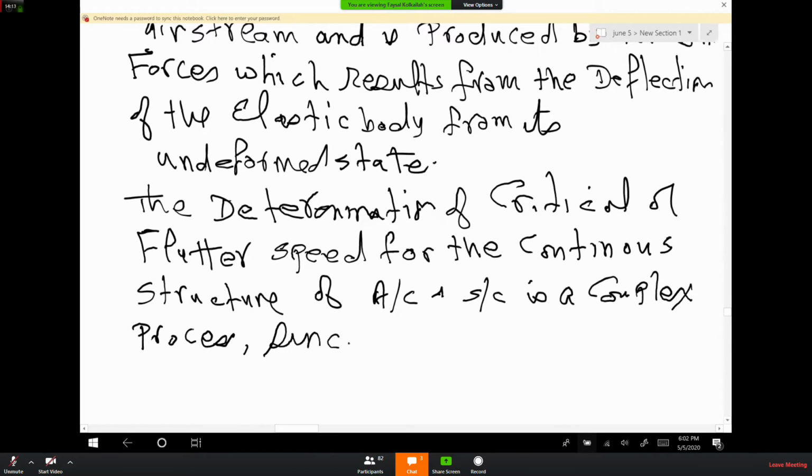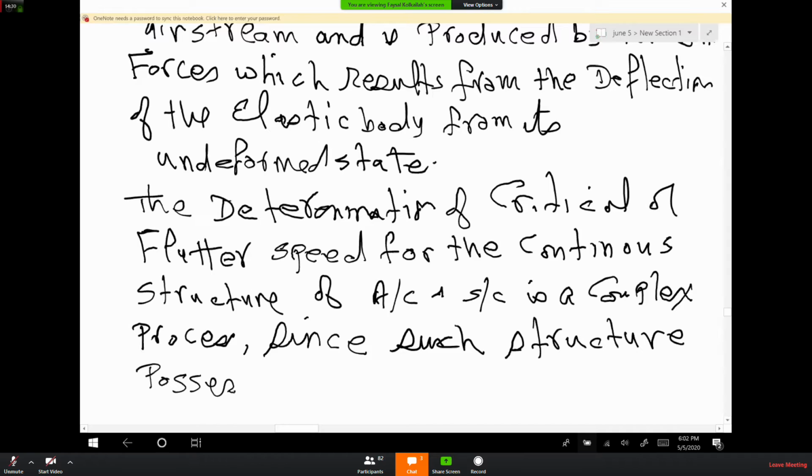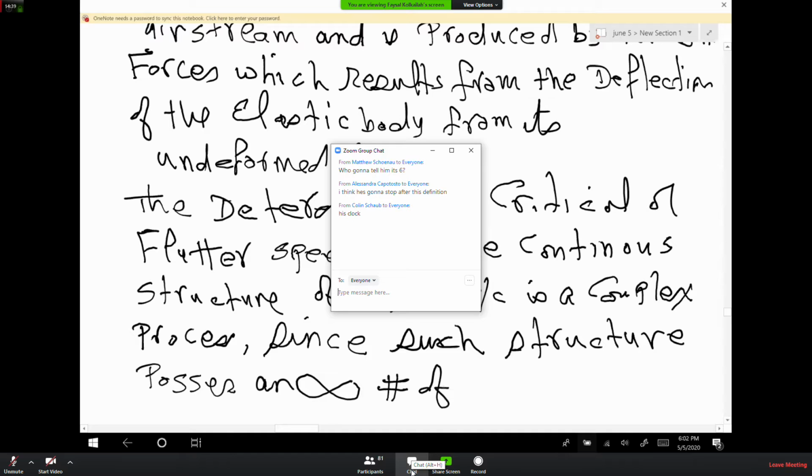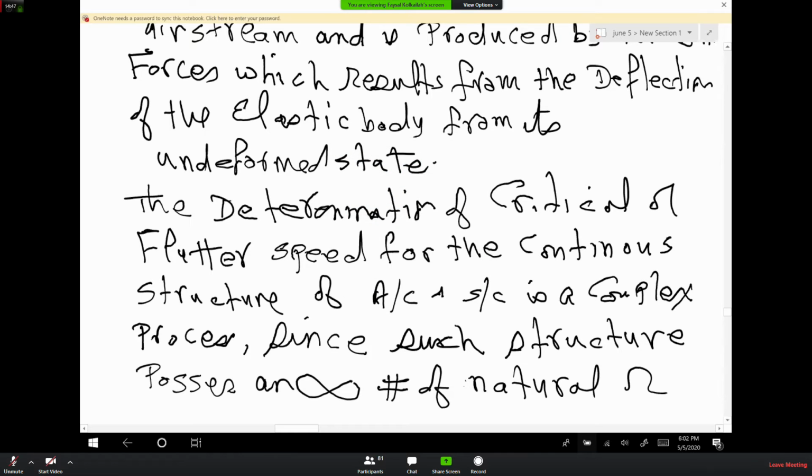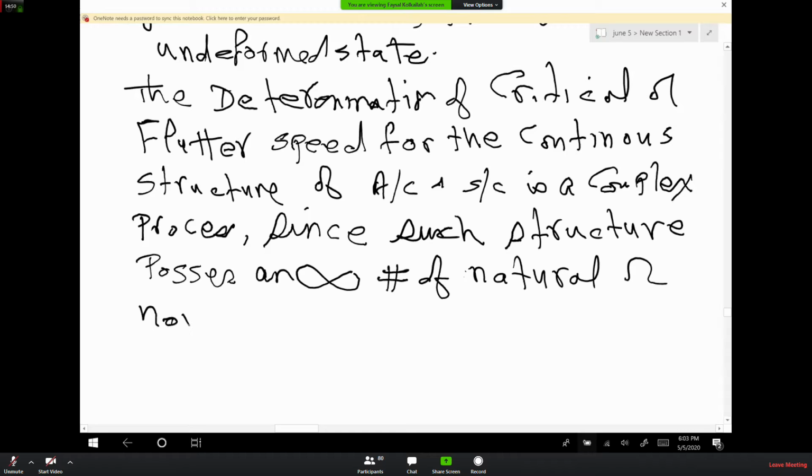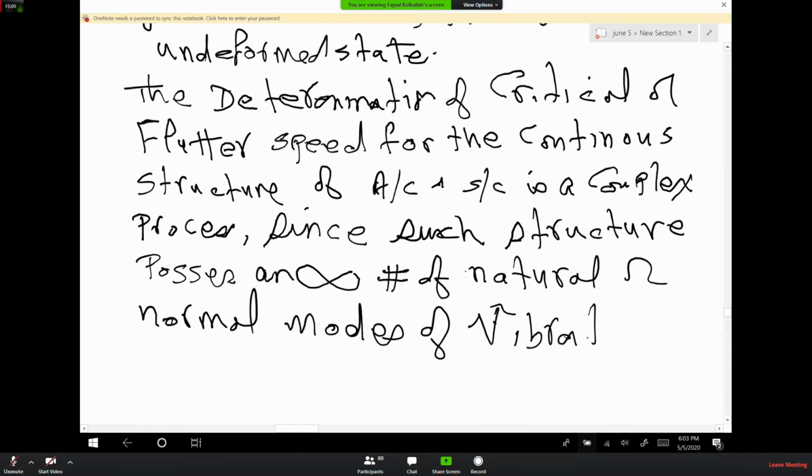since such structures possess an infinite number of natural or normal modes of vibrations.